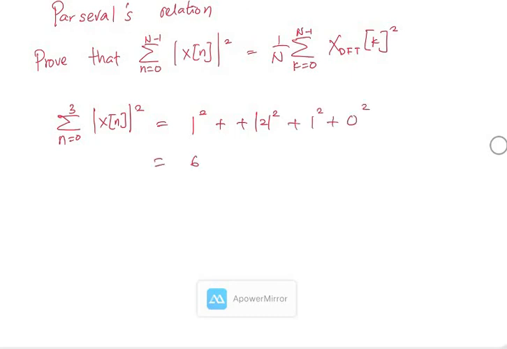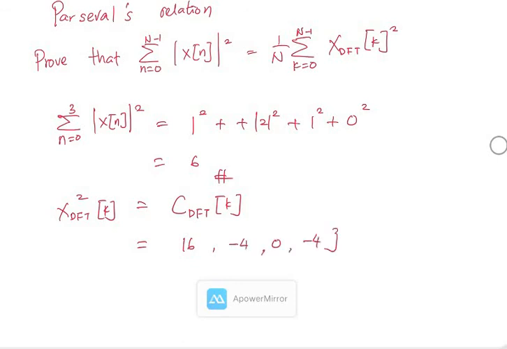So this is equivalent to 6. Whereas the XDFT k square is 16, then negative 4, 0, and negative 4. This XDFT k is from question 6, the periodic convolution. This is the answer from the periodic convolution.